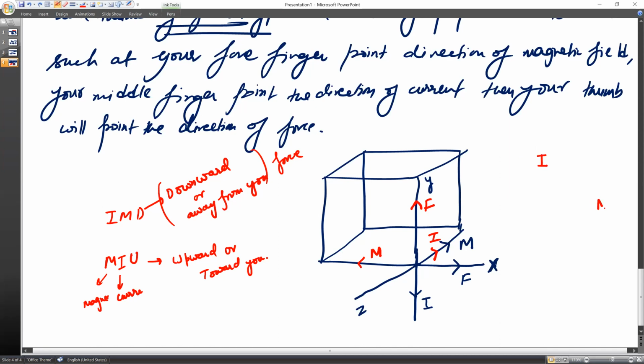You have to join the lines I and M both. You can join it this way, this way, or this way. First of all, the rule is you have to choose the shortest path to join these two. Shortest path.